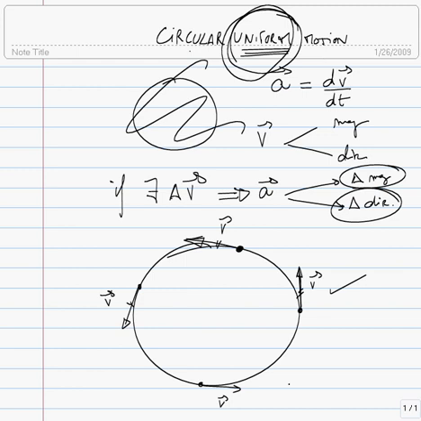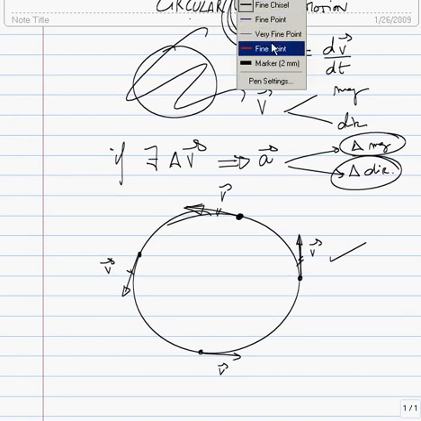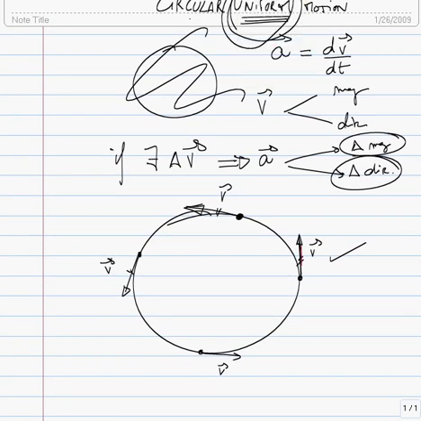So if the magnitude is not altered, it means that there cannot be an acceleration present in the same direction as the velocity. There's no way, because if there was such an acceleration, the magnitude of the velocity would change. So there cannot be any acceleration parallel to the velocity at all times.